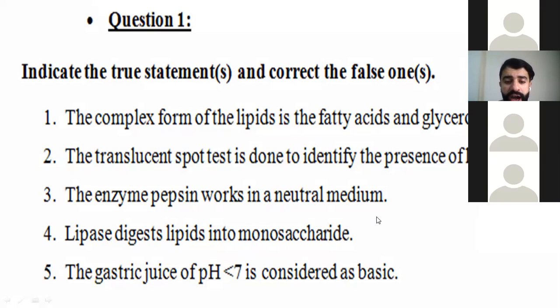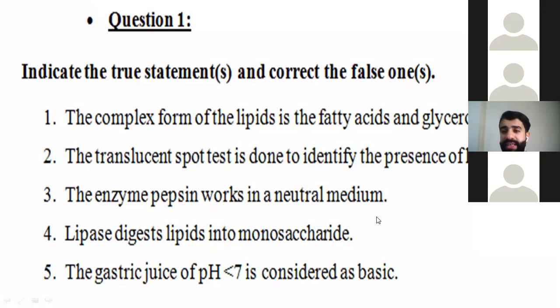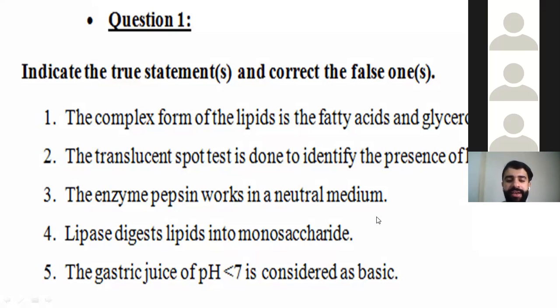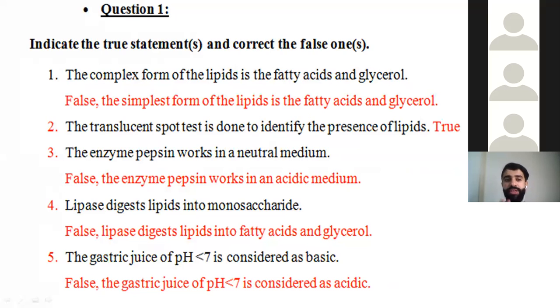The gastric juice of pH less than 7 is considered as an acidic substance. So here is the correction. False, the first one.